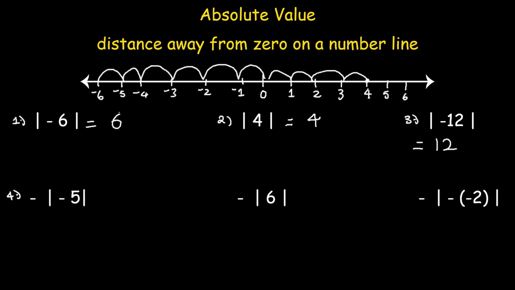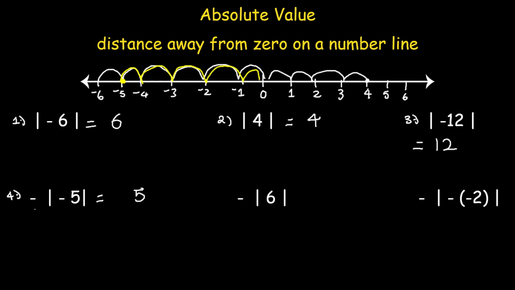If we use a number line, we can locate -5 over here, and let's count the units away from 0. 1, 2, 3, 4, 5. So, for this problem, the absolute value of -5 is 5.